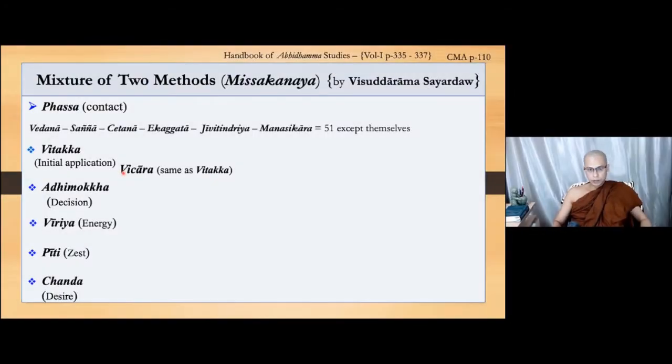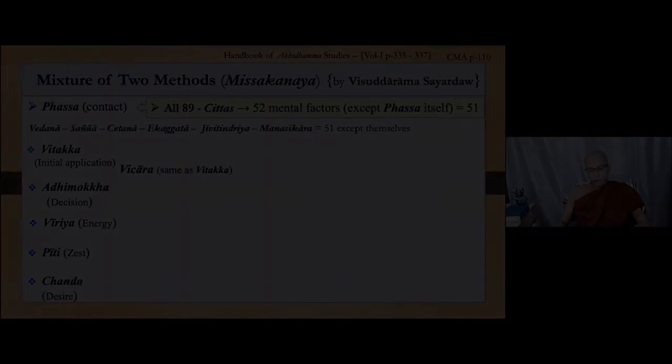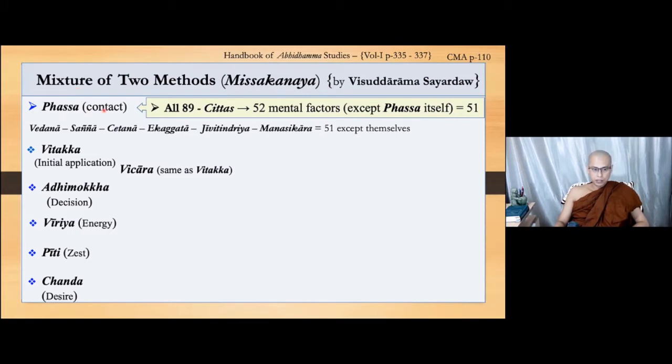Okay, so here, for more understanding, Venerable Visuddharama Sayadaw introduced this method of a mixture of the two methods. Here I make my explanation from Phassa. According to the order of the mental factors, here Phassa, contact, you already know that. Phassa is one of the universal mental factors, so it can associate with all 89 consciousnesses.